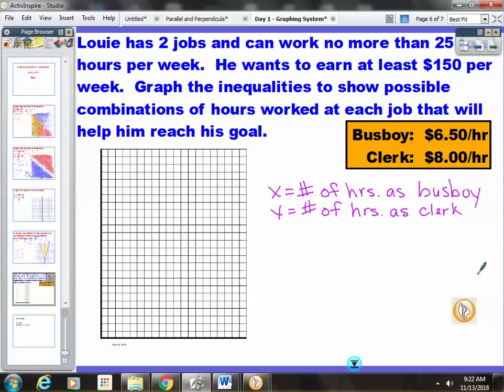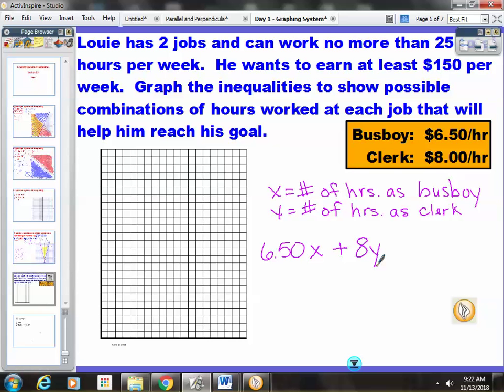So we can use all of that information to help us write 2 inequalities here. If he makes $6.50 per hour as a busboy, we're going to take $6.50 times the number of hours, x, as a busboy, plus he could make $8 per hour as a clerk. So this is $6.50, $8.